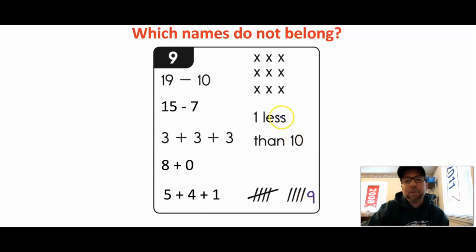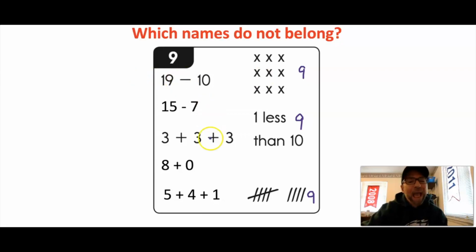Let's take a look at 1 less than 10. 1 less than 10. 9. So I'm going to write a little 9 next to this one. Let's count our little X's. 1, 2, 3, 4, 5, 6, 7, 8, 9. So far, so good. They all equal 9.